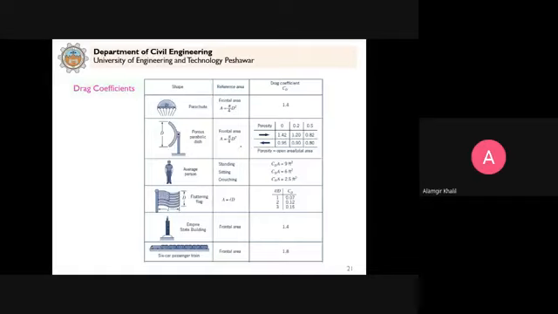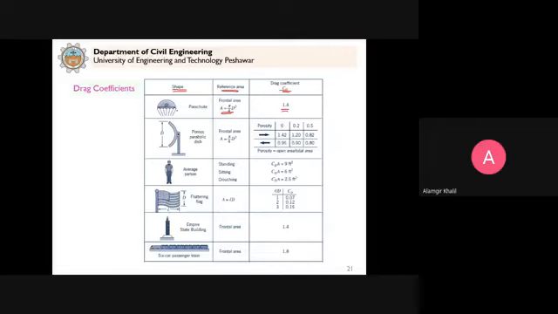Now, based on this concept, you will find these drag coefficients for different shapes of different bodies, considering the reference area. These drag coefficients are calculated. For example, for a parachute, if you consider the frontal area to be pi by 4 d square, then the drag coefficient is 1.4.